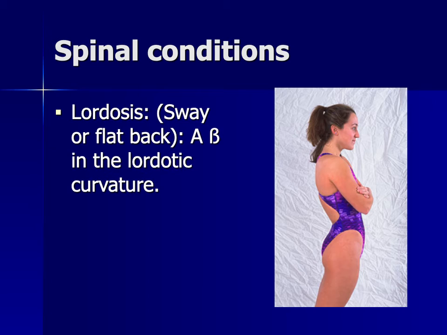There are a couple conditions I just want to make you aware of. We have lordosis. This is sway or flat back. I just recognized a mistake in my slide. It says we have a lordotic curve, and you can see how the person's back is swayed there at the lumbar spine.